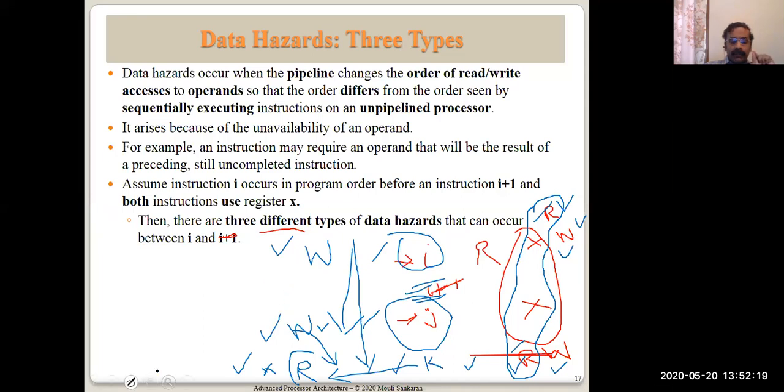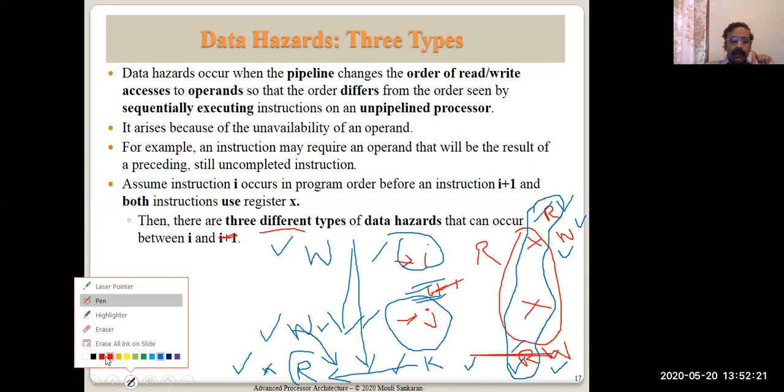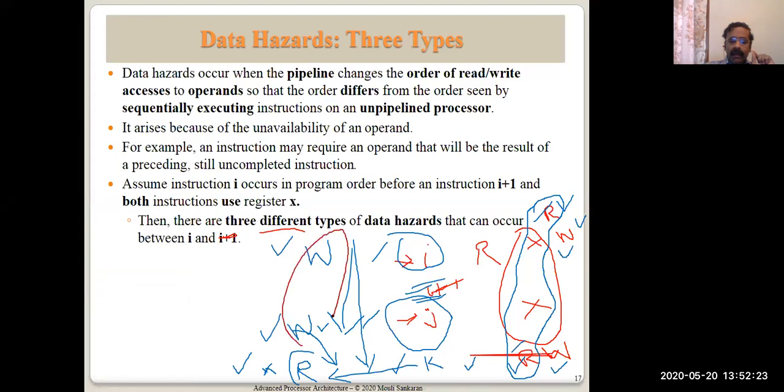But if for some reason the writing is not happening in the order we wanted, and this write is happening first and then this write is happening second, and then after a few cycles this instruction is trying to read from the same register X, now its value is not what was written by J, it is from I, which is wrong.